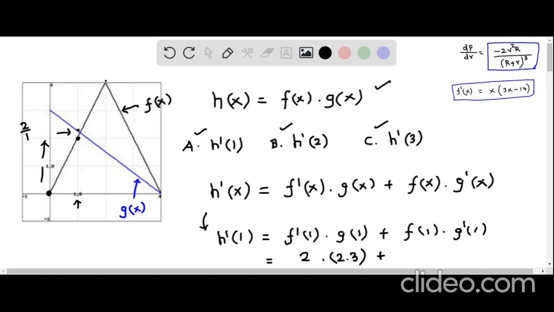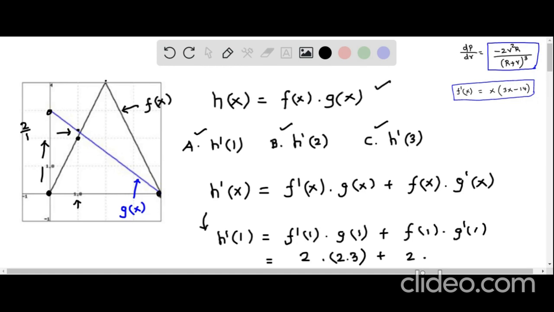Plus f of 1. f of 1 is also 2, times g prime of 1, which is the derivative of the g of x function at x equal to 1. For that, we can use the slope of the function g of x, that is the slope of this line. So once again, we can use the rise over run concept. I'm going to consider this point as well as this point.